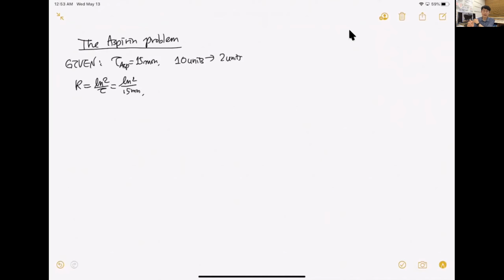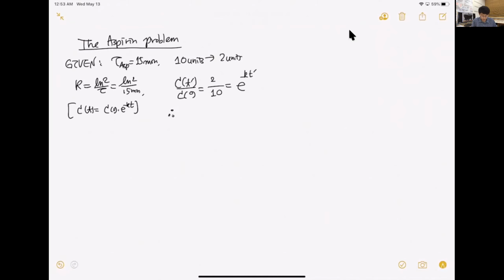Then the concentration, C(t) equals C0 times e to the minus kt. So C' over C0, 10 units becoming 2 units, will be e to the minus kt', let's say.